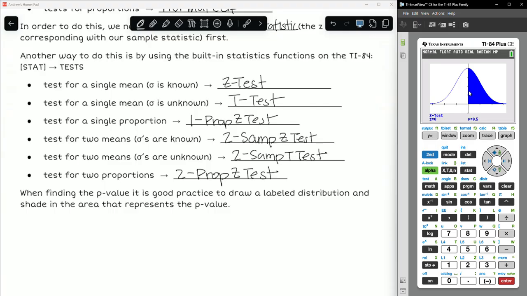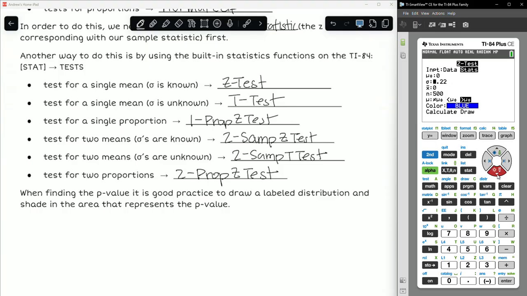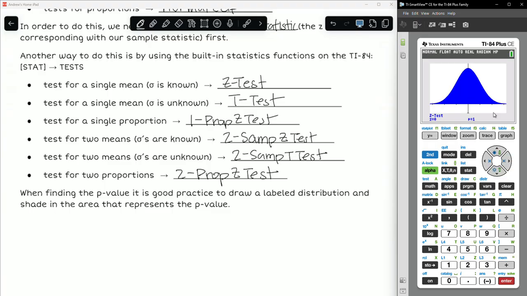You'll notice it's shaded to the right, because if I go back to that ZTest function call, our alternative was a greater than. It shades in the direction of that arrow. If it is a two-tail test, it will shade in both directions, which in our case, since one side was half the curve, now is both sides of the curve.